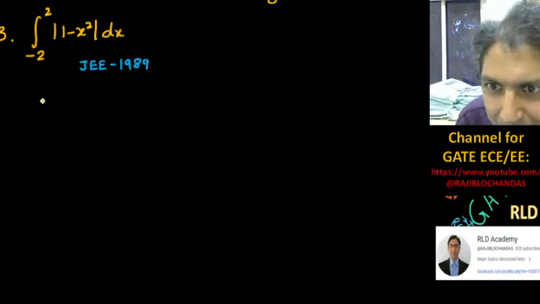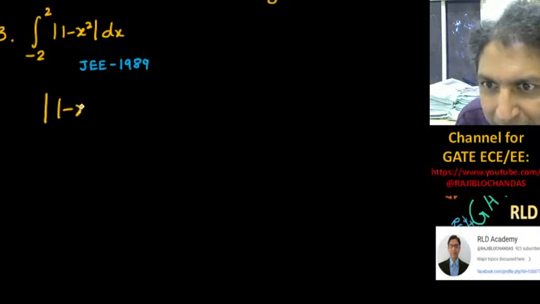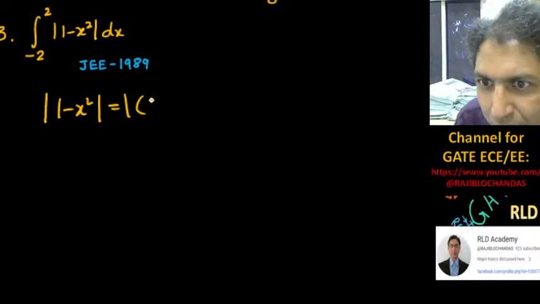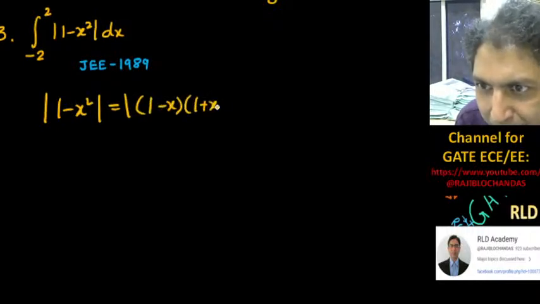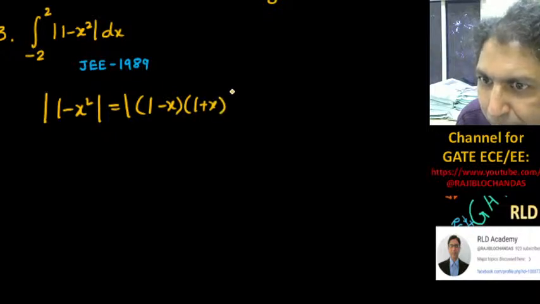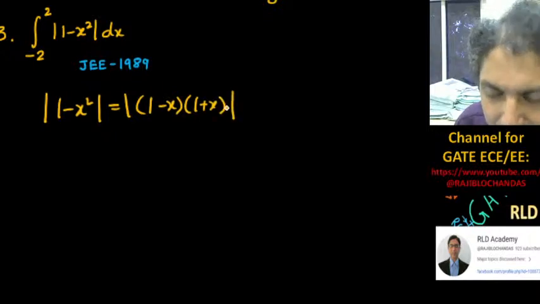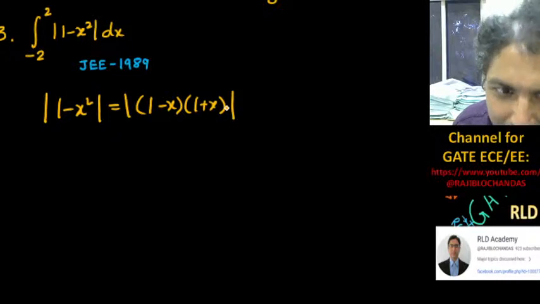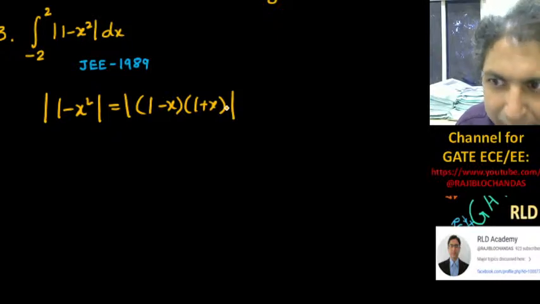Easy way: mod of 1 minus x squared, I can write as mod of two factors, 1 minus x and 1 plus x. You should use some sign convention, then you can handle it in a better way.